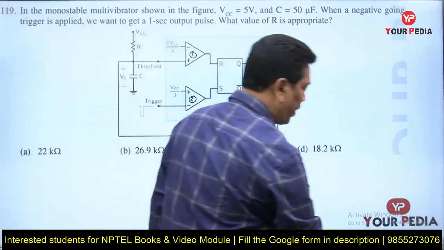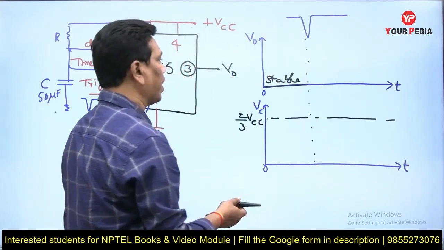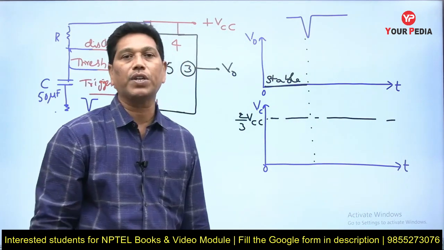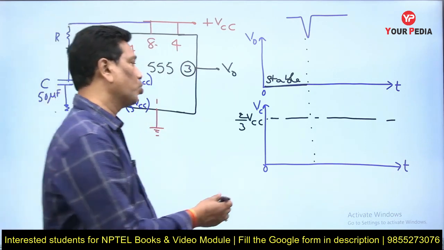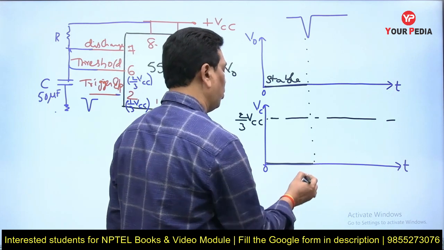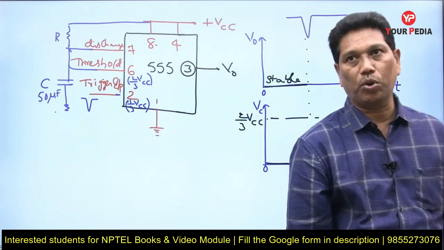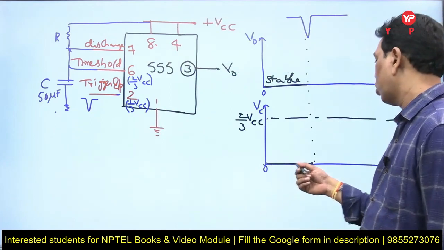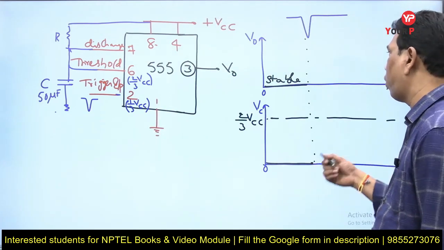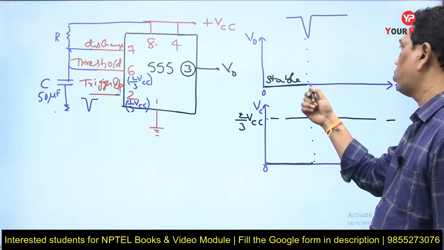But here you see, initially the capacitor is empty, so it does not discharge anything. The capacitor voltage remains 0 like this. The capacitor would discharge, but the capacitor voltage is already 0, so there is no chance of any discharging. So the capacitor shows 0 volt only. This is the first one. Now I can go to the first triggering pulse.